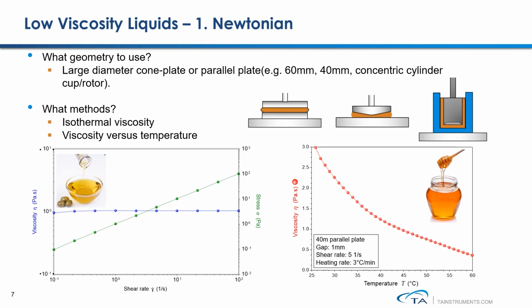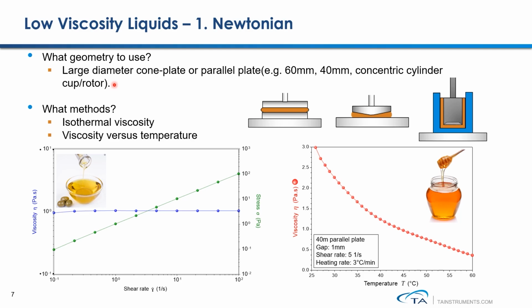The concentric cylinder with a cup and rotor geometry is also highly recommended. The reason we need to choose a larger diameter or large size plate is because we need to increase the contact area between the sample and the geometry so that we can increase the signal to noise ratio.